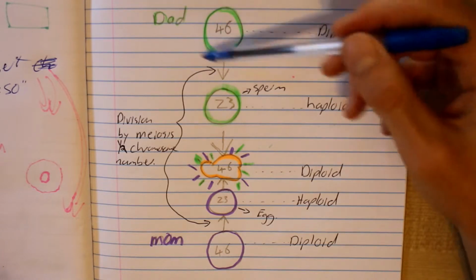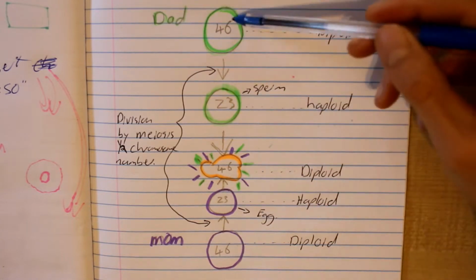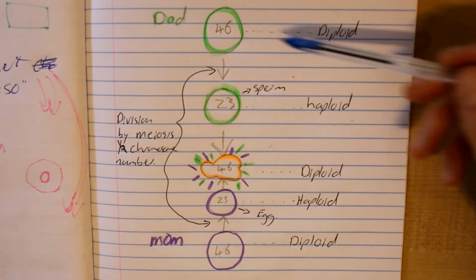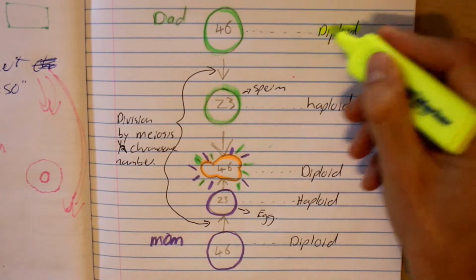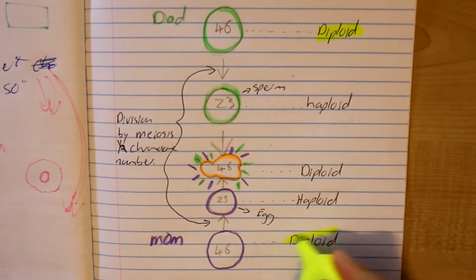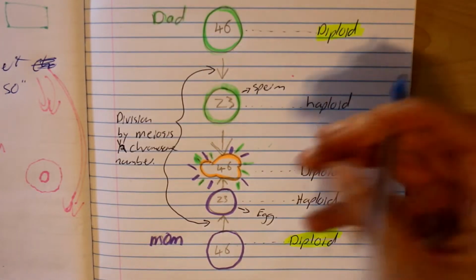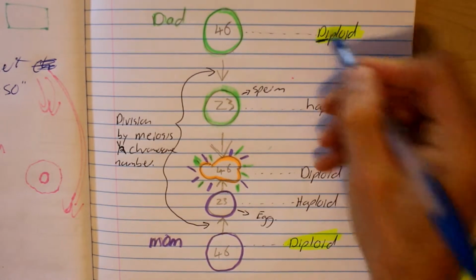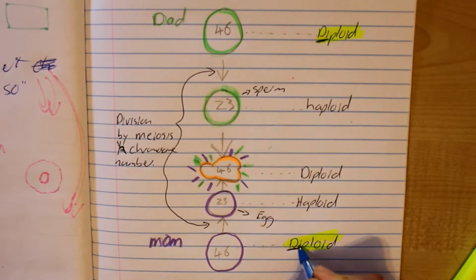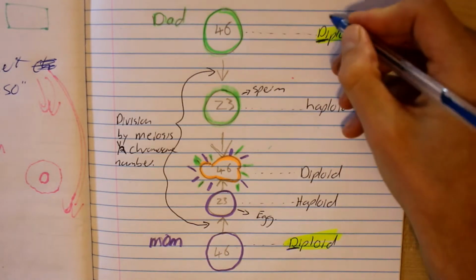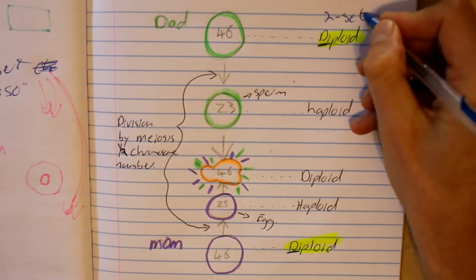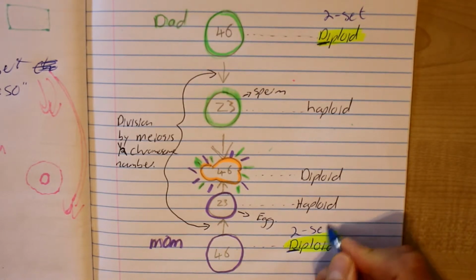All the cells in the body contain this amount of chromosomes. These cells are said to be diploid, meaning that they've got two sets of genetic information. The prefix di, at the beginning of the word diploid, basically means that there's two sets. So you can interpret this as two sets.